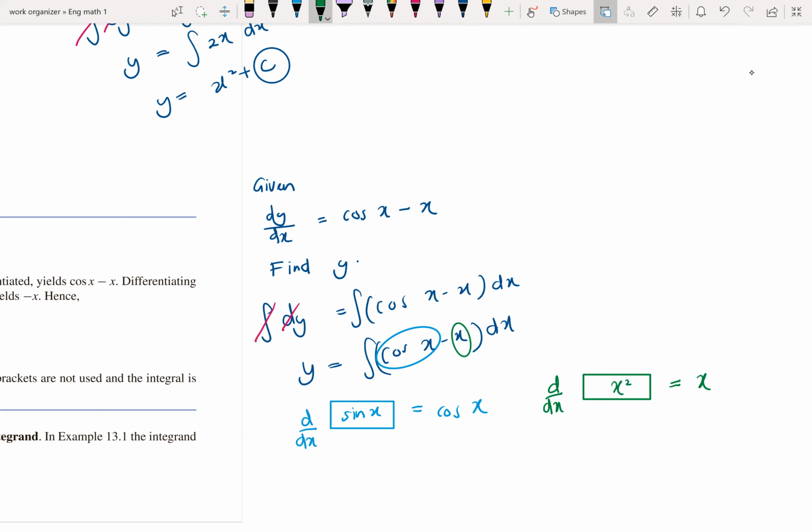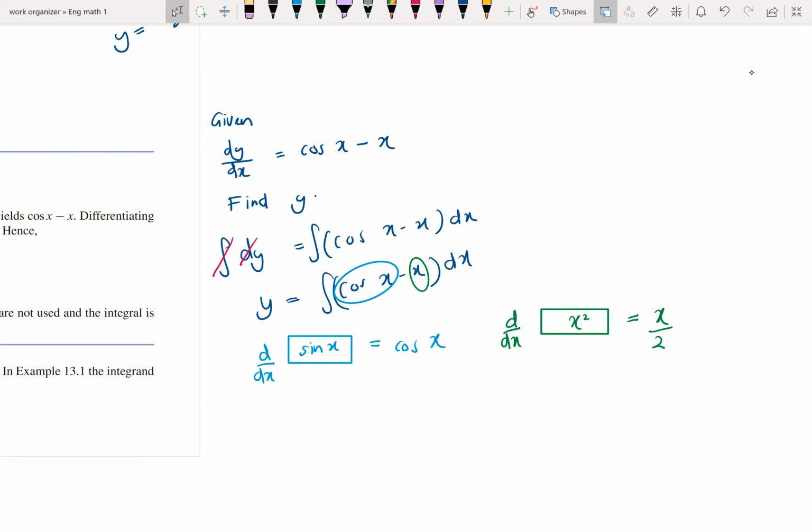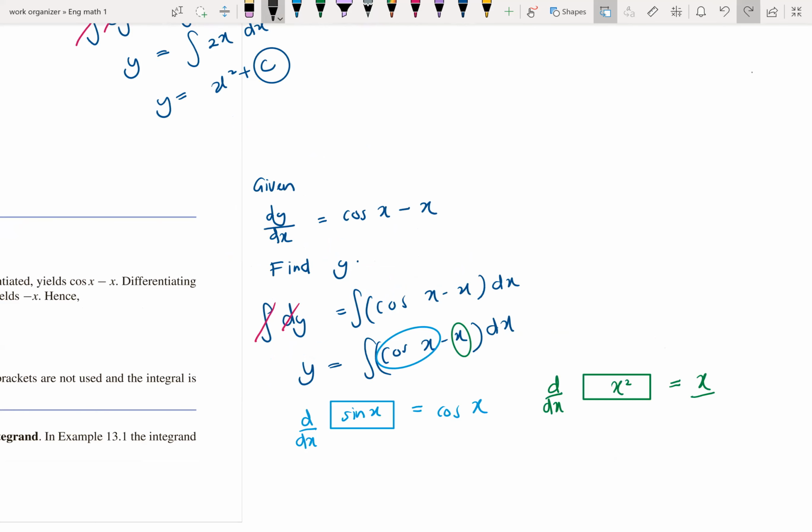So now there's no 2. Differentiating x squared, we should get 2x, but there is only x.